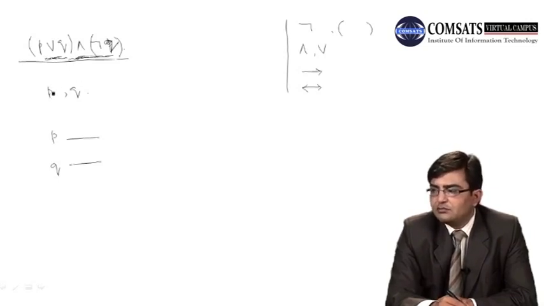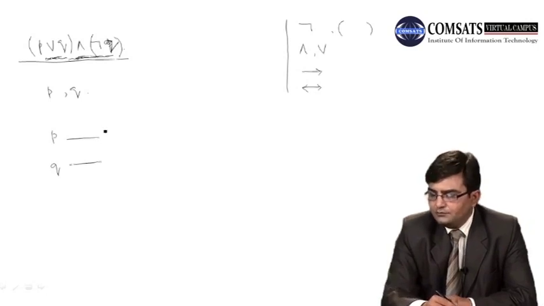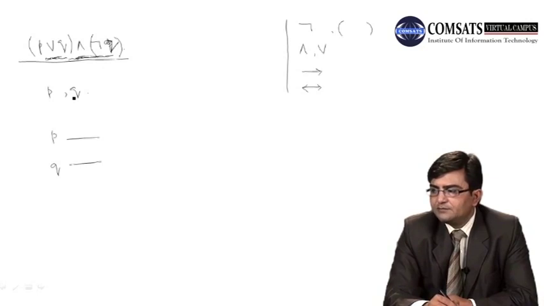So we have two propositions here, P and Q. To construct a circuit, how shall we proceed? P, Q, we shall draw lines here. Now there is a P or Q here, so we know the basic OR logic gate.